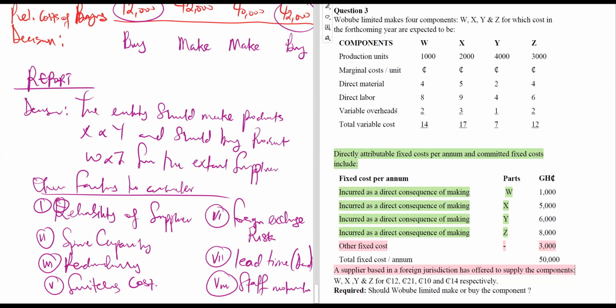But if the decision was specifically to buy, then consider the other factors that will make it possible or not possible to buy. So if it's make, these are the issues to consider for make. If it's buy, these are the issues to consider for buy. Very good. Thank you. You're welcome.